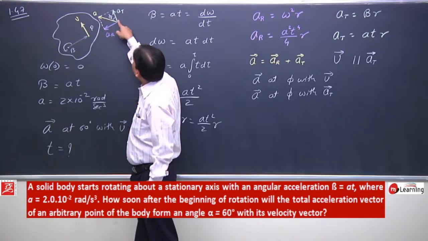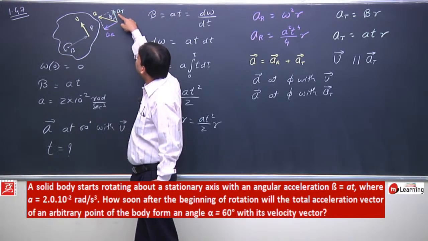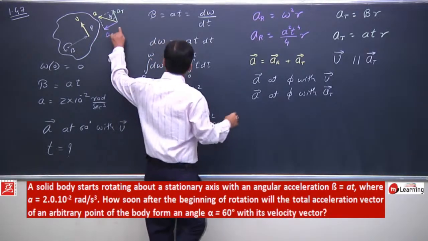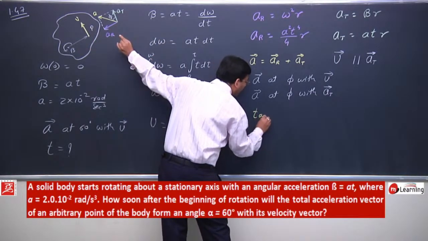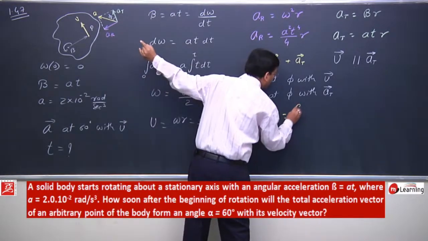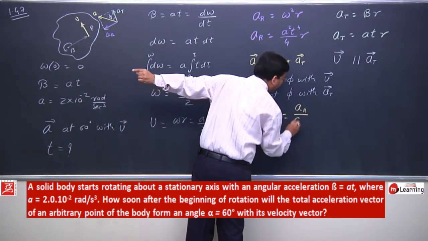So I can write tan phi is equal to a R upon a T.